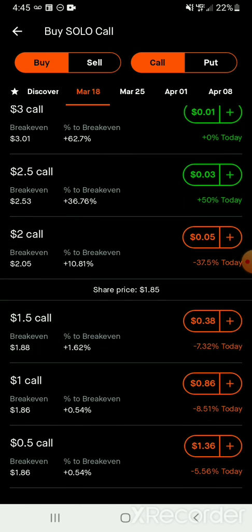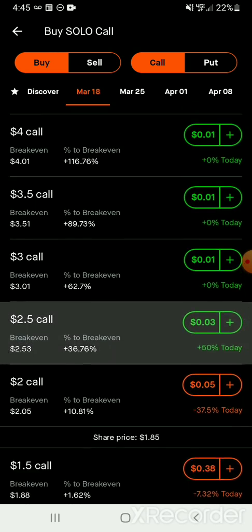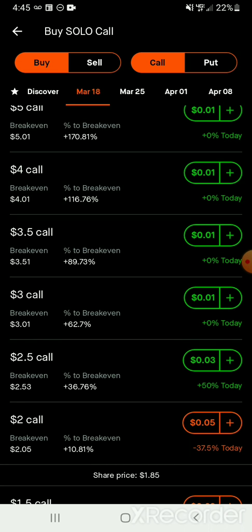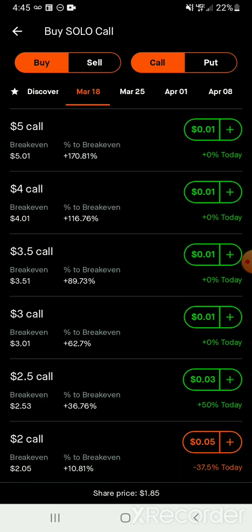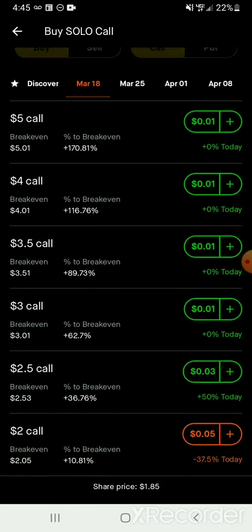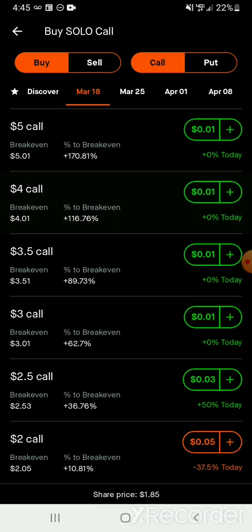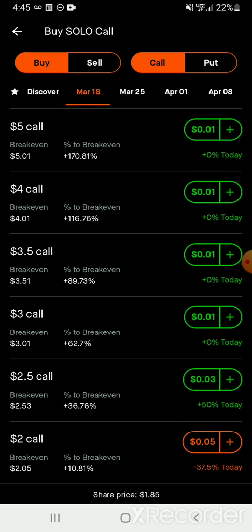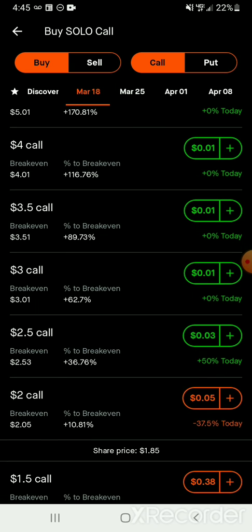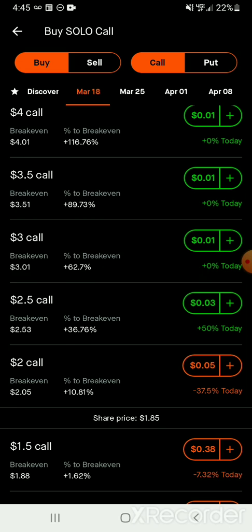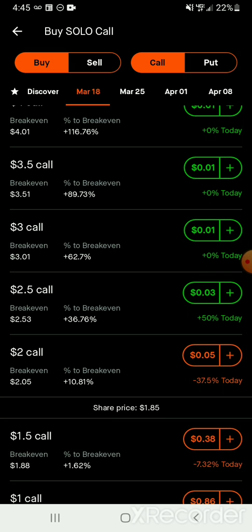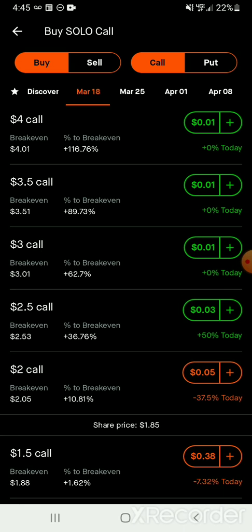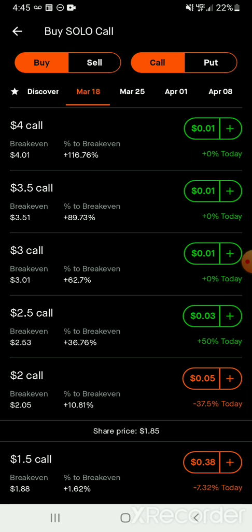But in general, let's say that I expect this stock is going to rally to $4 at some point. Well, then I don't want to buy the $4 call because I won't even break even until 401. So if I only think it's going to climb to $4, then there's no way I want to buy the $4 call. I'd want to buy the $2 or $3 call, because then I'd break even at 205 or 301, and everything else above that would be profit.